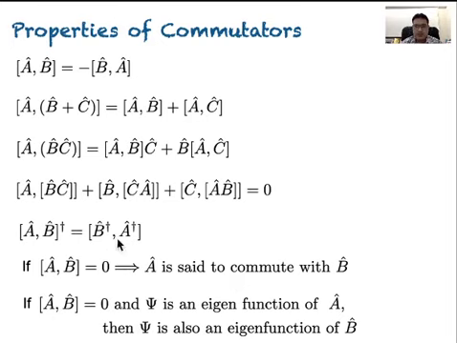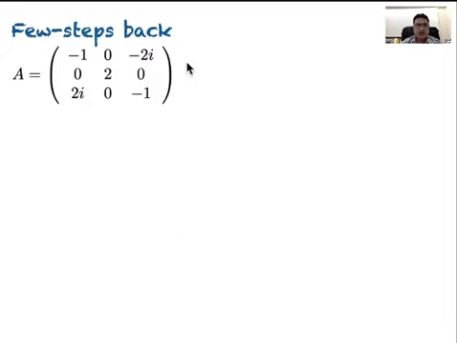Now, to give you some more insight about this, let me take a very simple example. Let's say this is a complex matrix, where I have -1, 2, -1 as the diagonal elements, and in the off-diagonal elements I have -2i and +2i. This makes it a complex matrix.